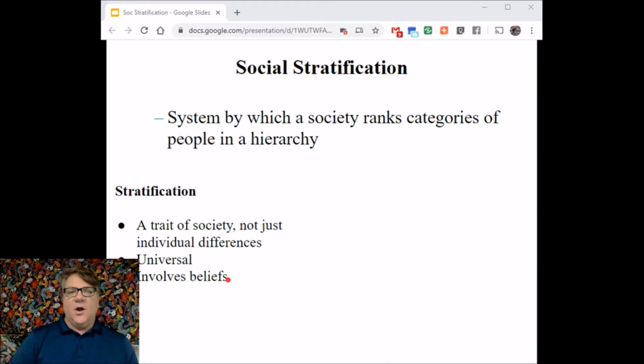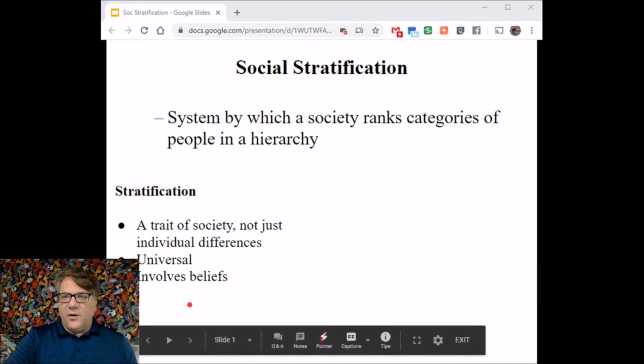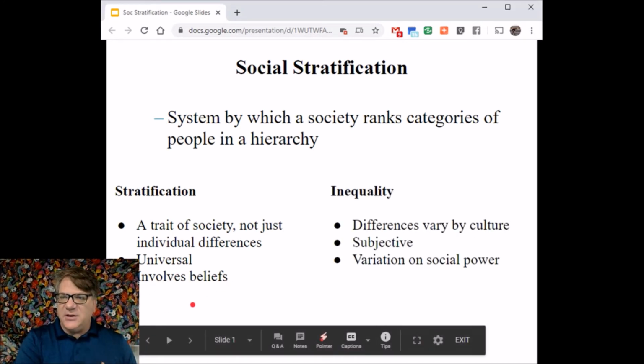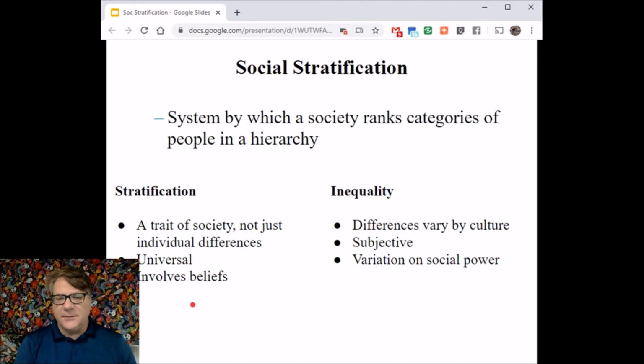Okay. All right, so now we want to compare and contrast stratification with inequality, okay? So here's where stratification, as a term, as terminology, as an idea, and inequality are certainly related, okay? They go hand in hand. But you're going to have stratification in every society.